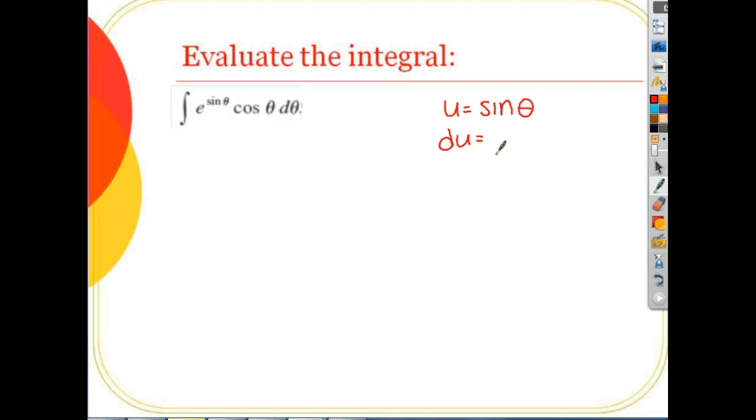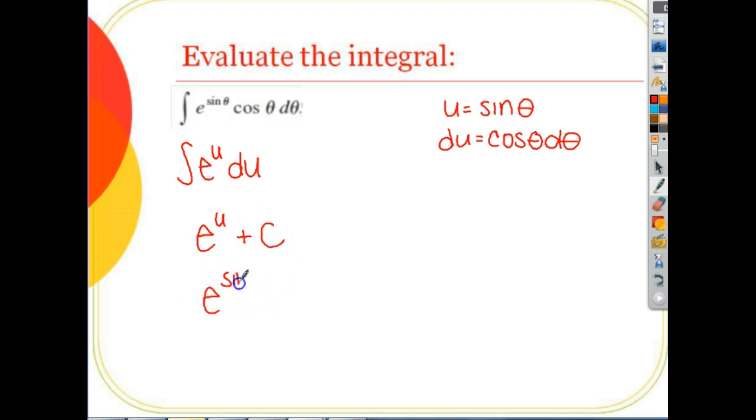The derivative of sine is positive cosine. So u is sine theta, du is cosine theta d theta. You can see directly here how this is going to become my du. So we get the integral of e to the u du, whose antiderivative is e to the u plus c.